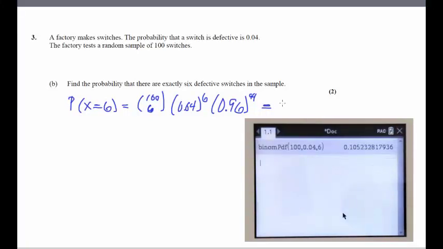And we come up with the answer to 3 significant figures of 0.105.